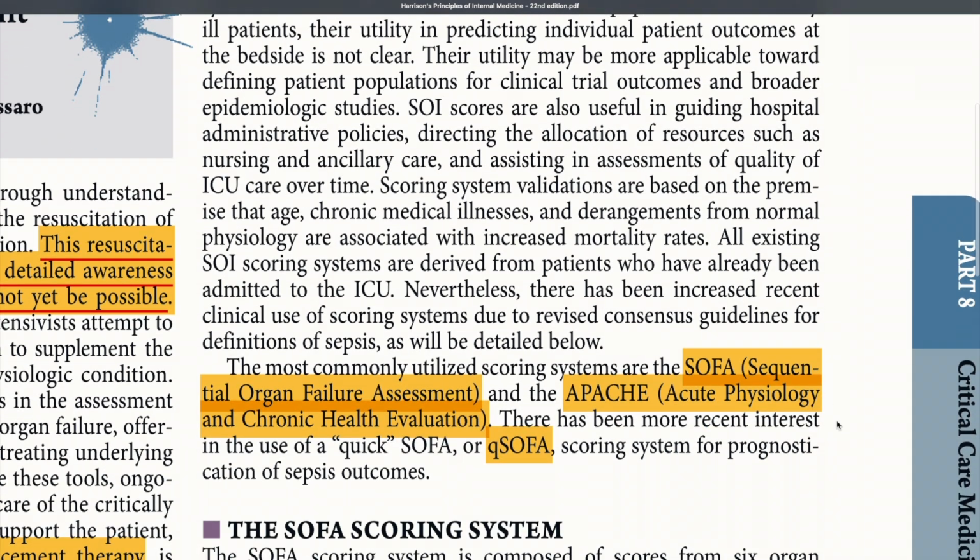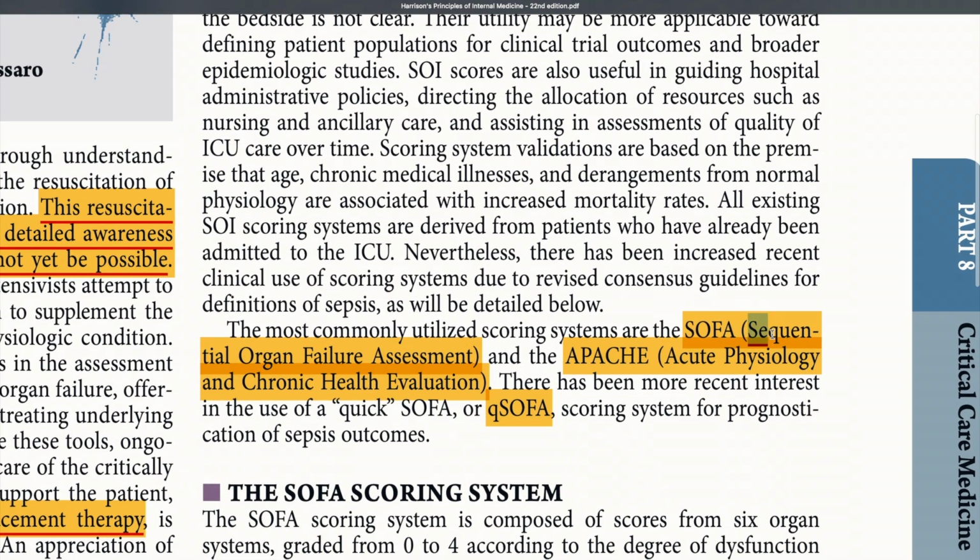SOFA means Sequential Organ Failure Assessment, and APACHE means Acute Physiology and Chronic Health Evaluation. The reason for interest is also in qSOFA, which doesn't need lab evaluation. It's a bedside quick screening tool. It's called qSOFA.